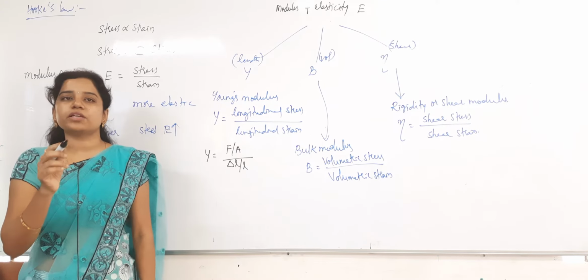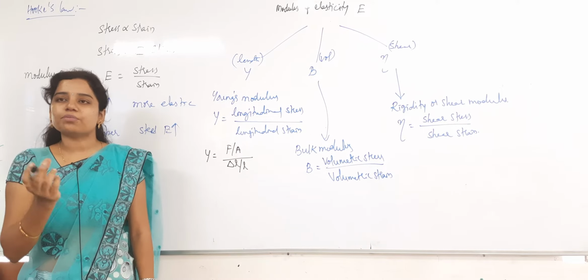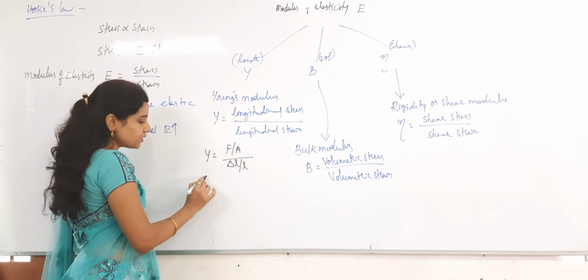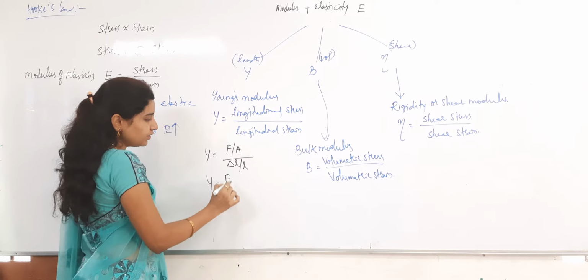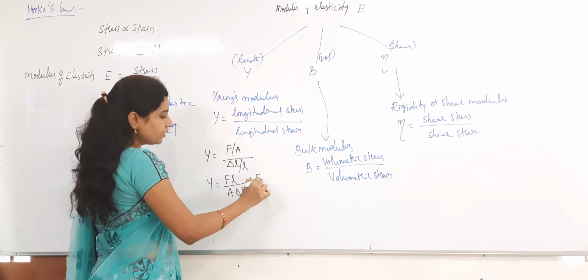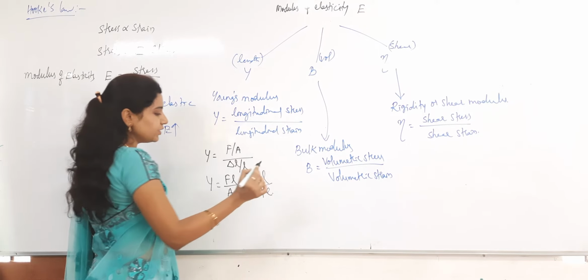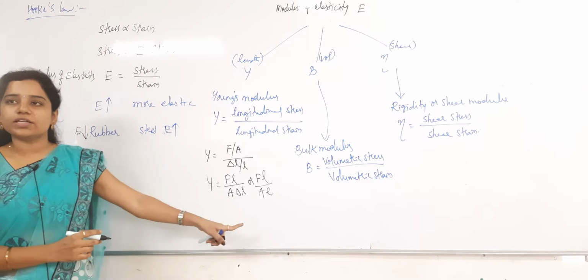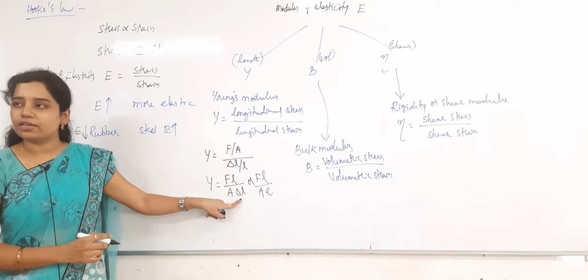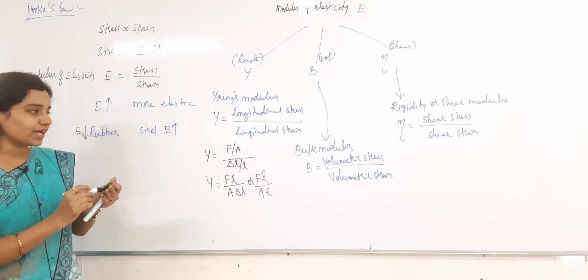In some problems they will denote with small e also. That is the meaning of elongation or delta L. Everything is same only. So what is the formula I can write easily here? FL by A into delta L or FL by A into e. e is the elongation here, extension or elongation, that will denote the delta L value. Okay, that is about the Young's modulus.